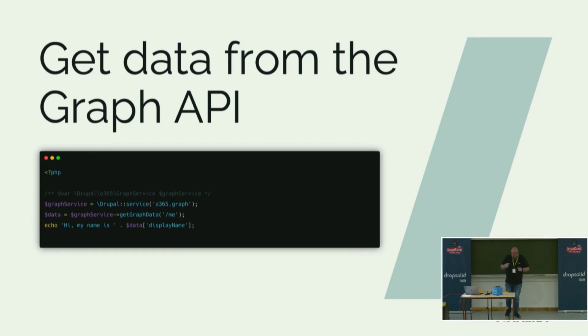They also have examples on their website as well. You can use your login and see data. This is really easy. Just give me my data. Give me my name, for instance. Where it says /me, you can also use more intricate endpoints, like getting data from groups, getting files, getting all kinds of stuff.